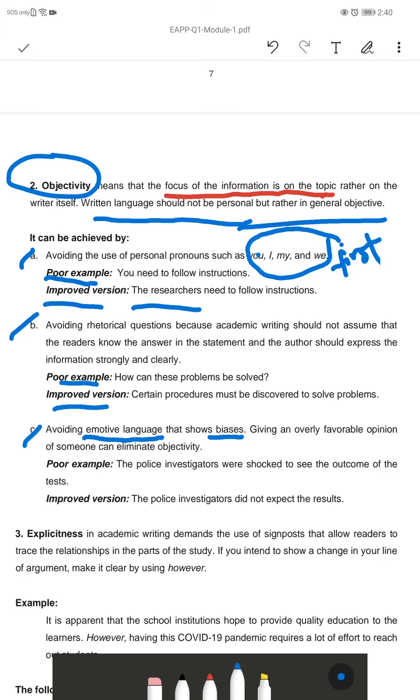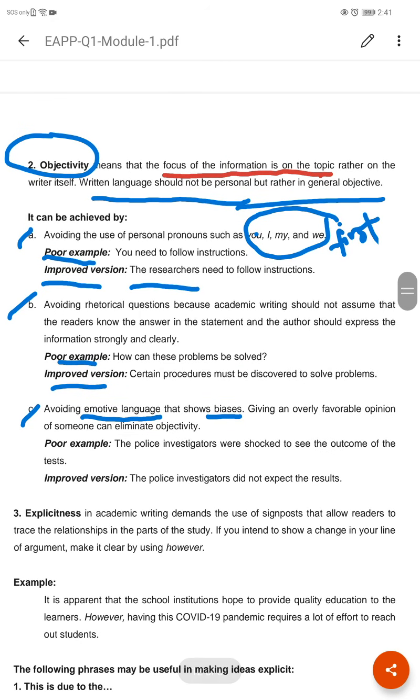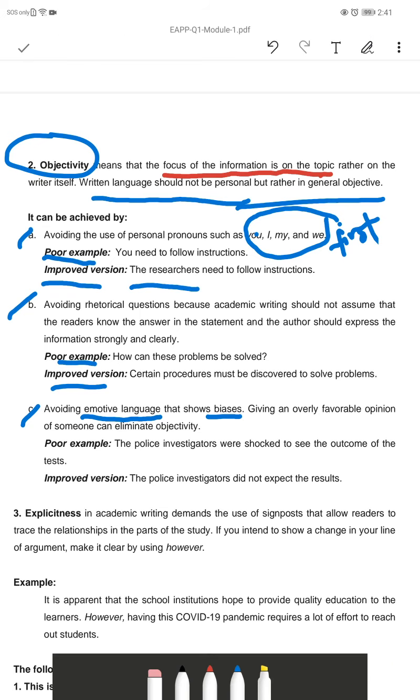When we speak of biases, guys, it simply means that these are something that we favor, something that we agree on. Okay? So, in writing academic text, you guys should avoid using emotive languages or emotional languages which show your bias. Okay? Because as a writer, we should be objective. We should be focused on the topic and not focus on what we believe or what we want. Okay?